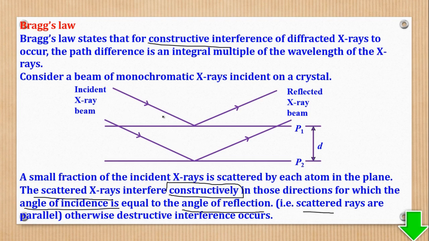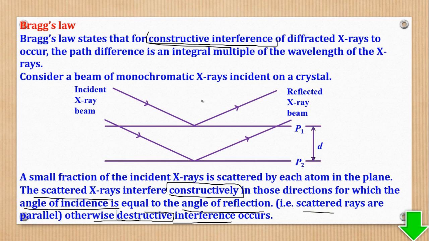So these were parallel incident and parallel reflected, meaning there was constructive interference. Otherwise, it would be destructive interference. If the angle of incidence is different from the angle of reflection, then there would have been destructive interference.